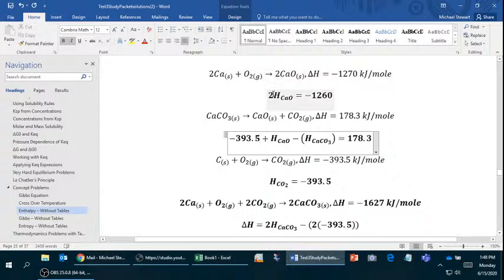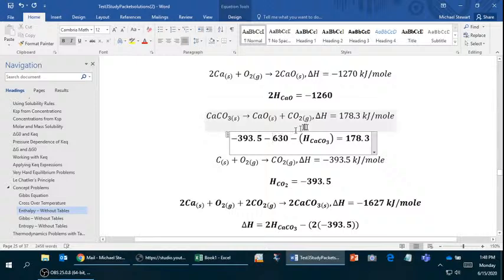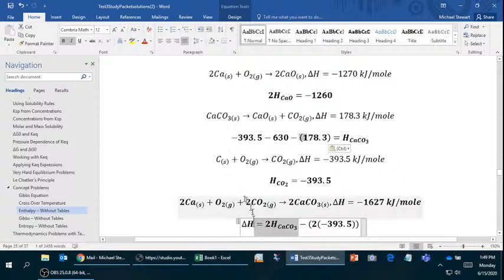And the enthalpy of CaO from up here is minus 630. So we can rearrange this equation and this number that we produce here will be the number we stick in down here.